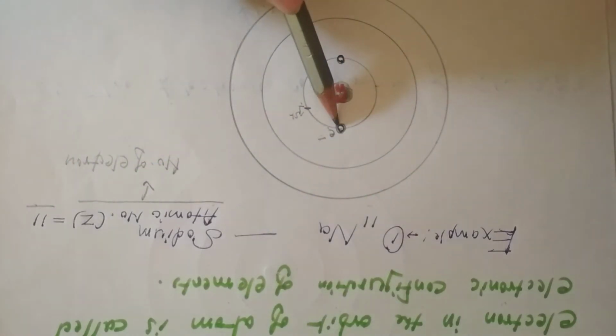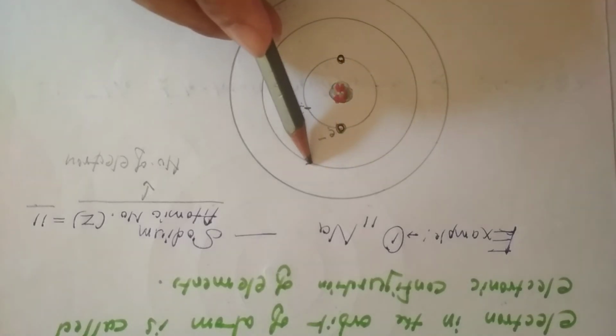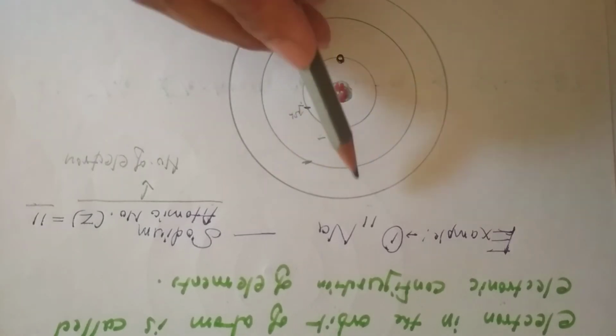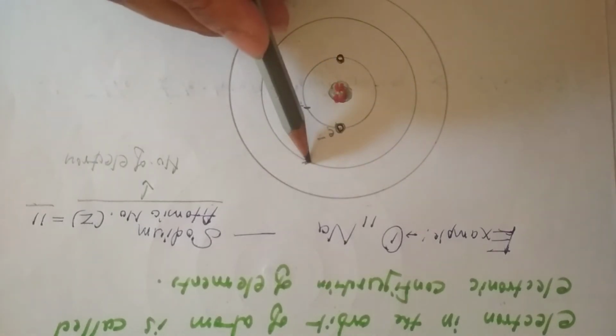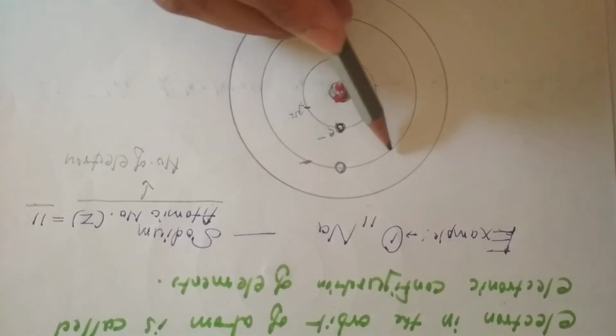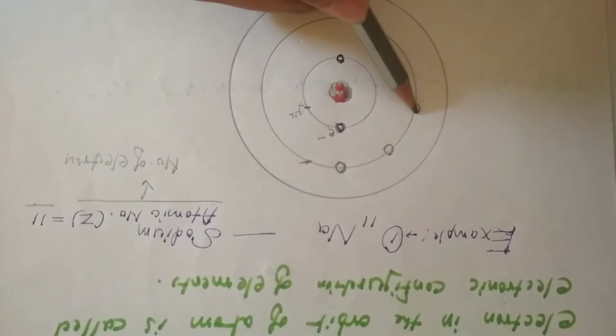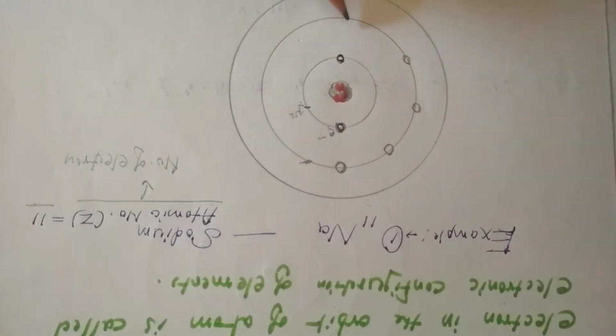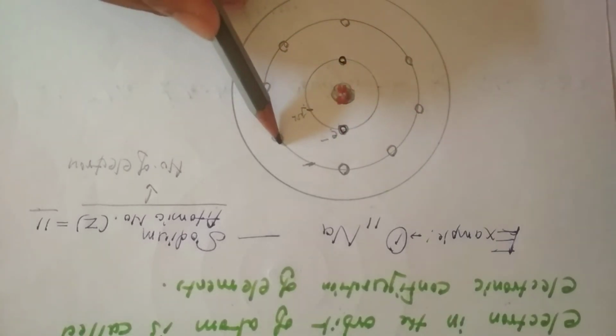Now how many electrons are remaining? 9. Now come to the second orbit. In the second orbit the maximum electrons are 8, so we arrange 8 electrons in the second orbit: 1, 2, 3, 4, 5, 6, 7, 8.